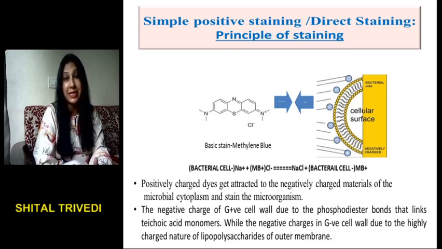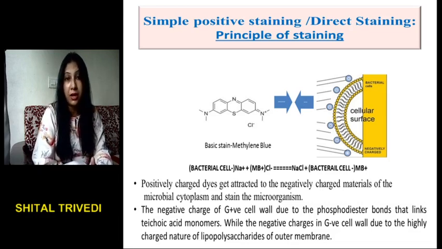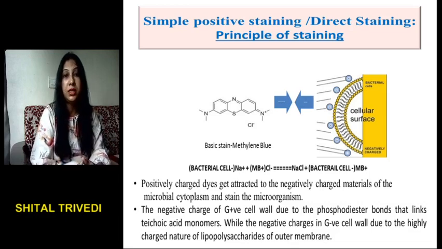This negative charge is attracted towards the positively charged chromophore of the basic stain. This technique involves the basic stain. So that is how the interaction of the basic stain with the negatively charged microbial cell surface or cellular components occurs, and that results in the coloring of the organism. So that's why this technique is called direct staining.